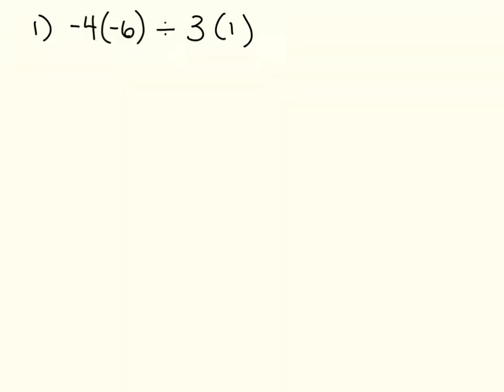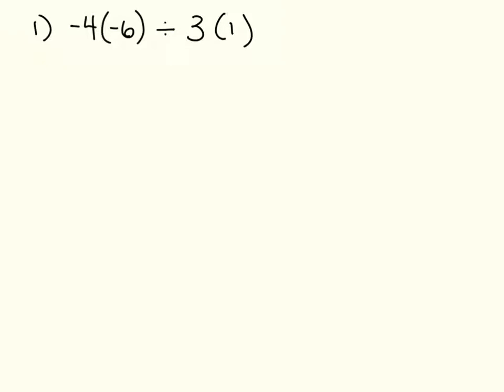So on your paper in the first box, go ahead and write this expression down, negative 4 times negative 6 divided by 3 times 1. So we are going to perform the identity property of multiplication here first. Here we see a positive 1. Well, remember, if it's positive 1, then we can go ahead and do the identity property of multiplication.